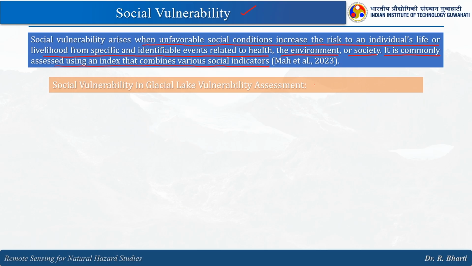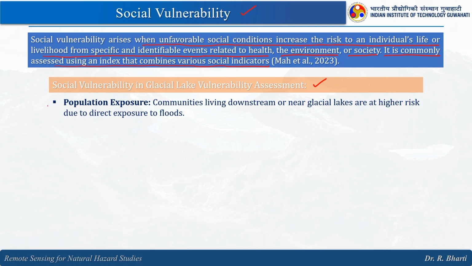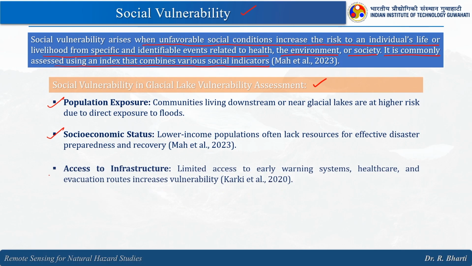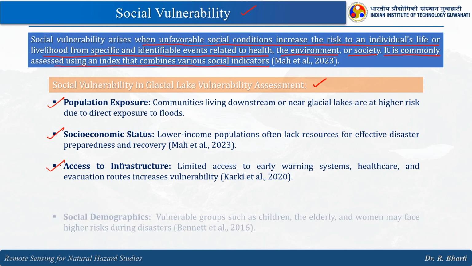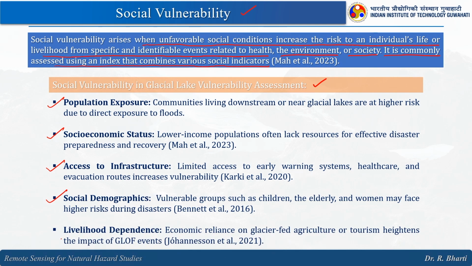So, when we talk about the social vulnerability in glacial lake vulnerability assessment, we have population exposure, socioeconomic status, access to infrastructure, social demographics and the livelihood dependence.